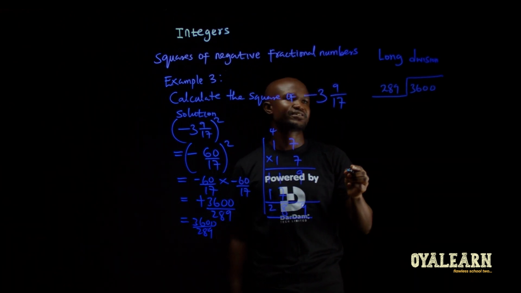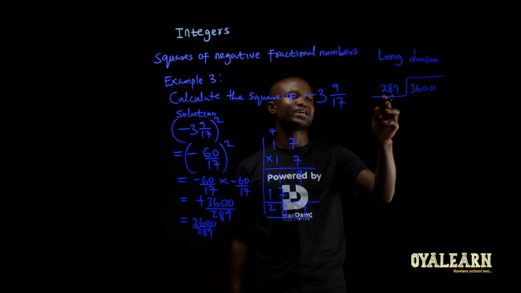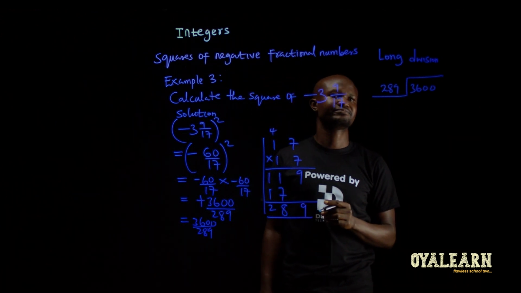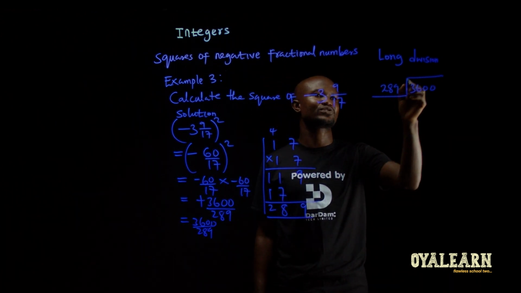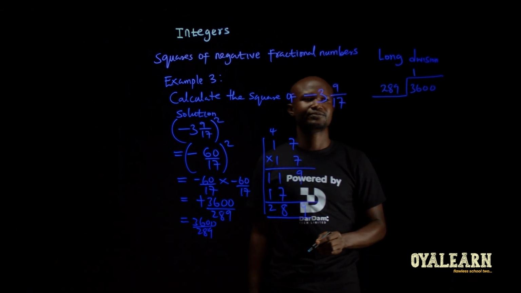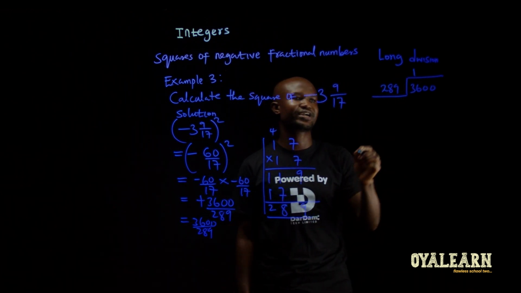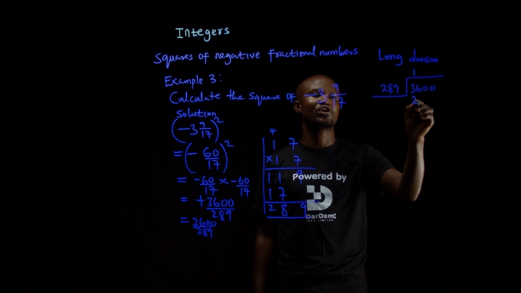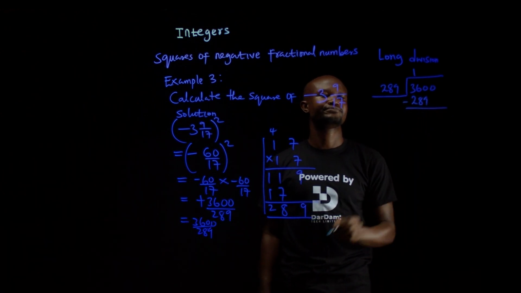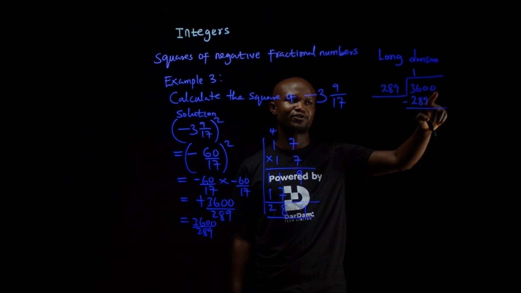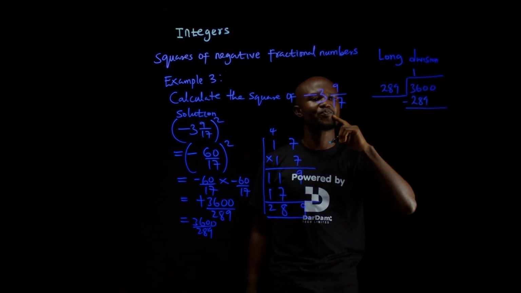In this case, how many of 289 can we see in 360 first? 1. So 1 times 289, that is 289. Now let's take away. We have not used this 0. It's reserved there. Don't forget.